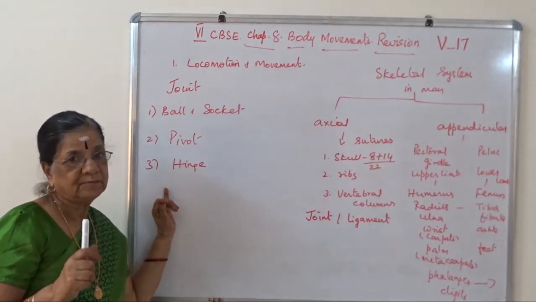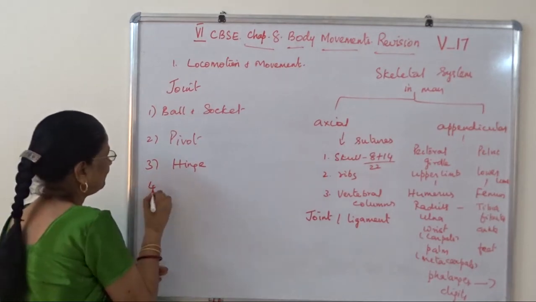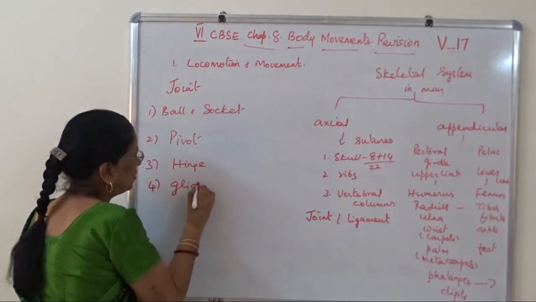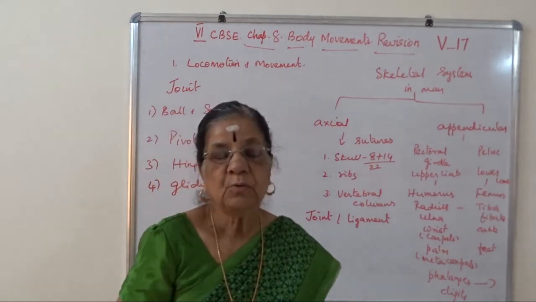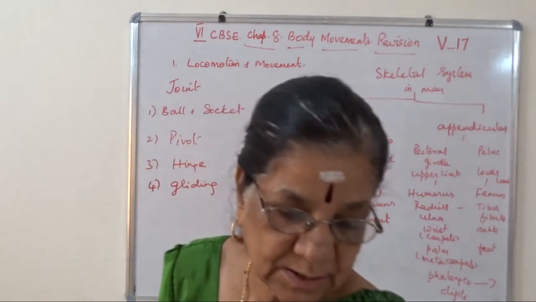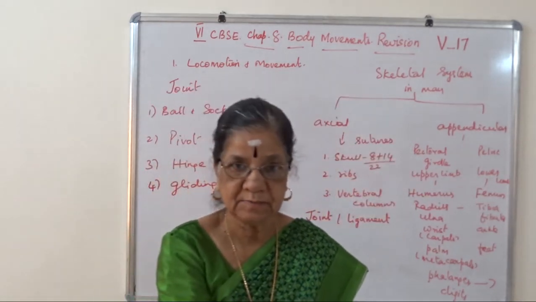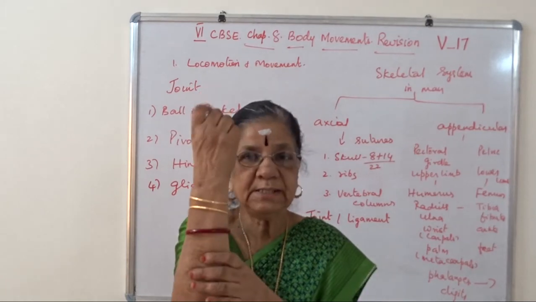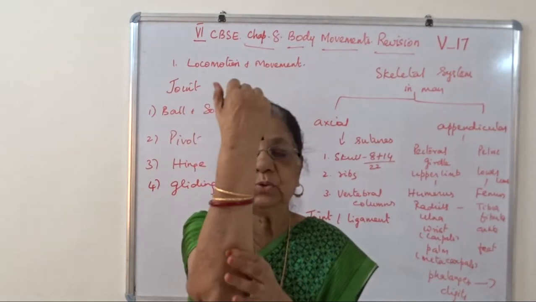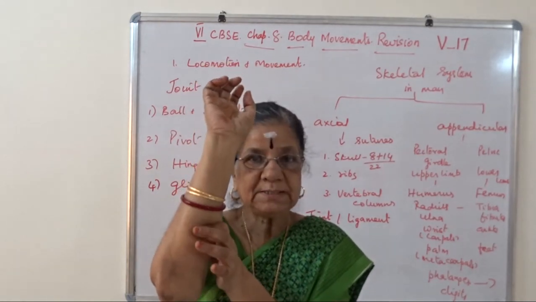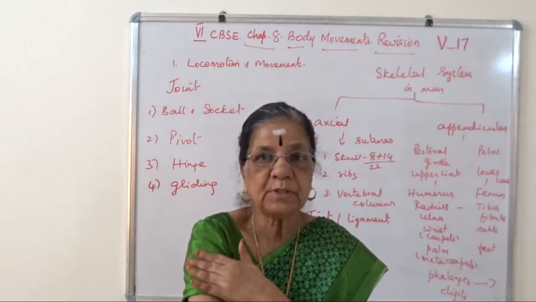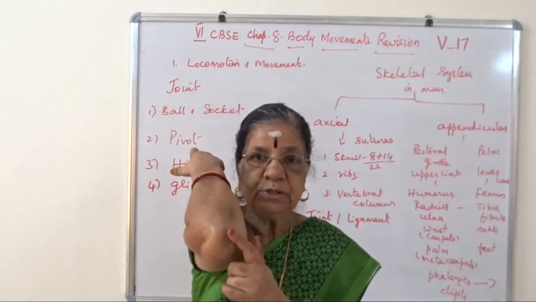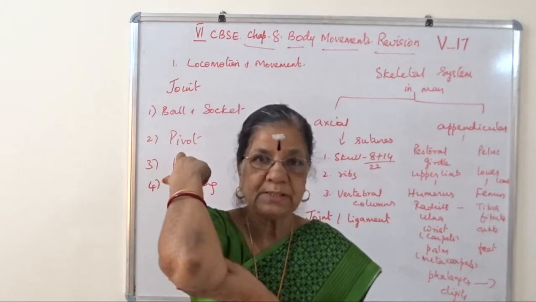I hope you understand. Then fourth one is called a gliding joint. That is sliding joint. For example, this our hand. This is radius and ulna. These bones are called radius and ulna. There are two bones, and these two bones join with the humerus at the elbow. Right?